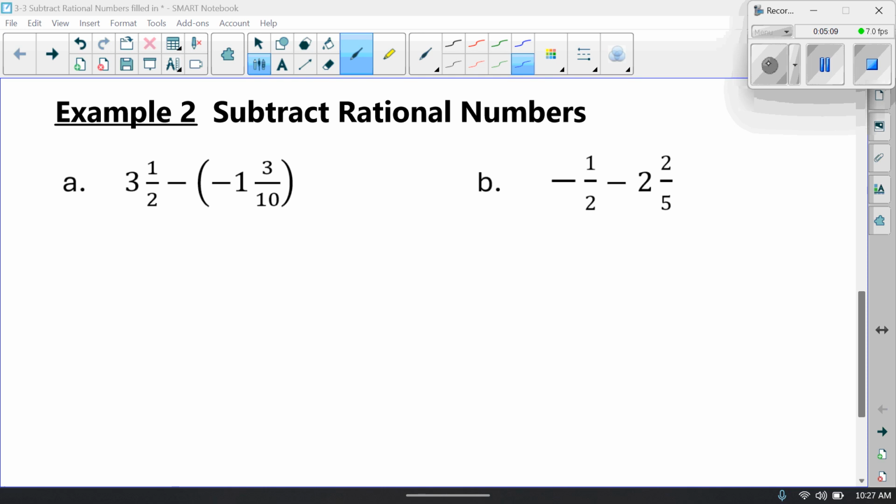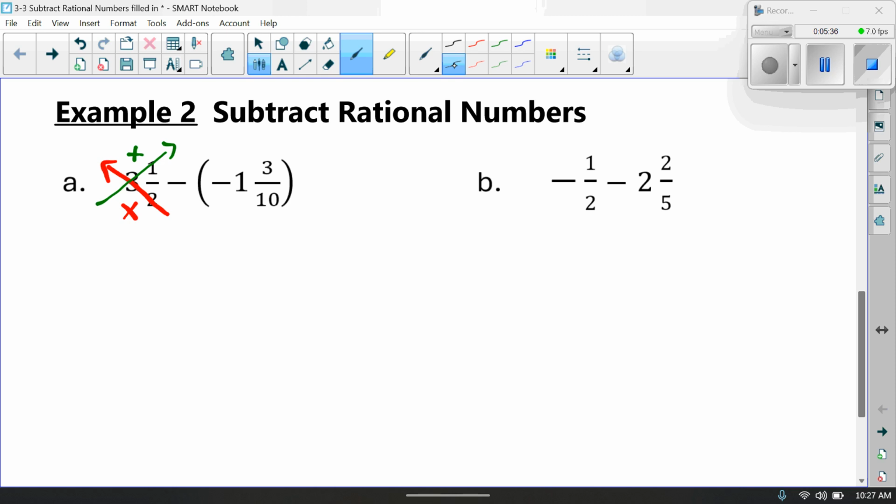So the first thing we want to do, just like we did last time, is change all of our mixed numbers to improper fractions. You guys remember how to do it? Let me remind you. In this direction, we're going to multiply. And in this direction, we're going to add. Very good. So 3 times 2 is 6 plus 1 is 7.